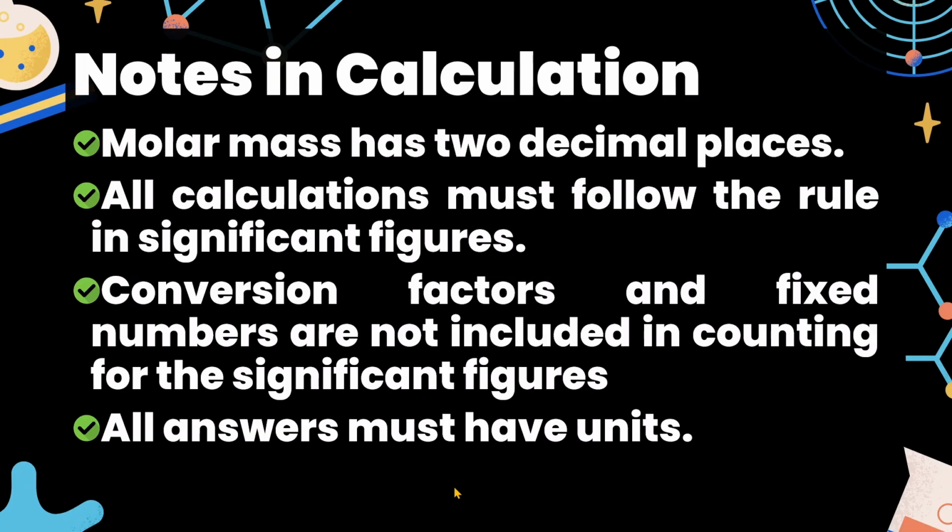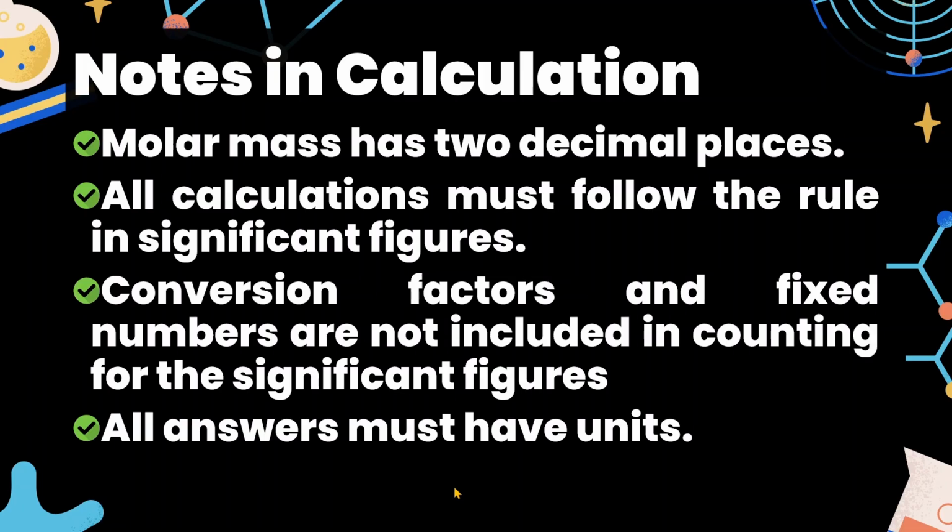So all calculations must follow the rules in significant figures, and you've learned this in your prelims. Conversion factors and fixed numbers are not included in counting the significant figures. So all answers, take note, must have units. It could be moles, grams per mole, milliliters, grams, whatever it is.